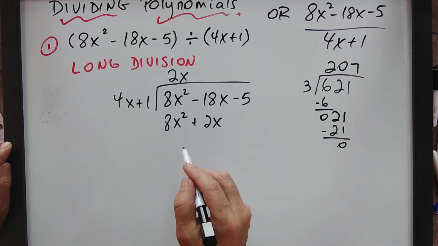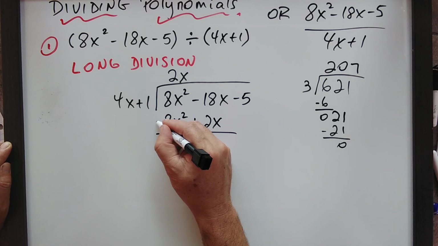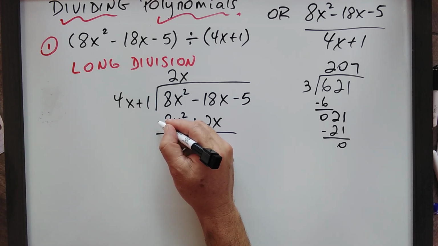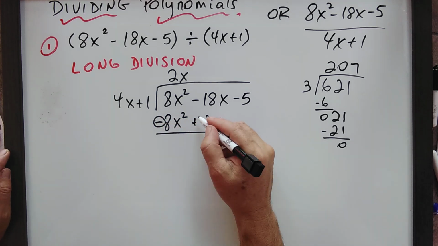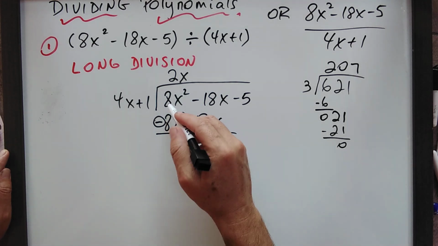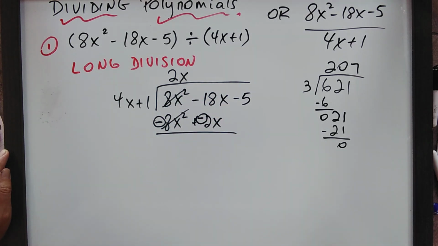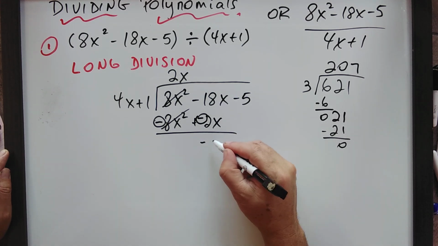Then we subtract, which means you change the signs on the bottom to the opposite. This one becomes negative. I'll circle it to remind me that I already changed it. This one goes from positive to negative as well. So that cancels out, and negative 18 minus 2 is negative 20x.